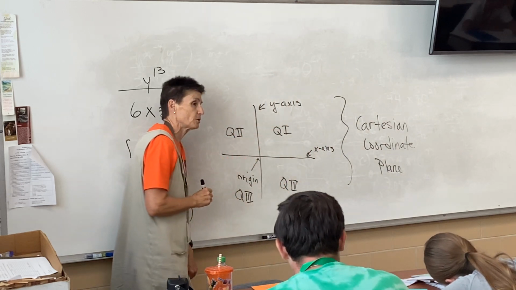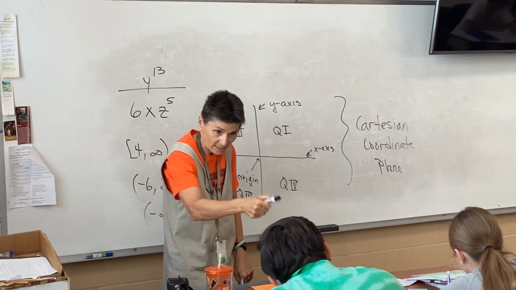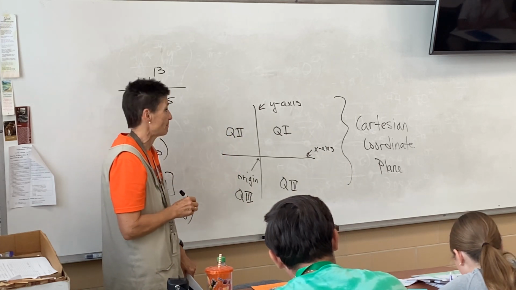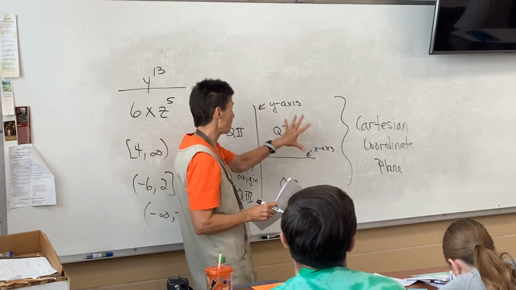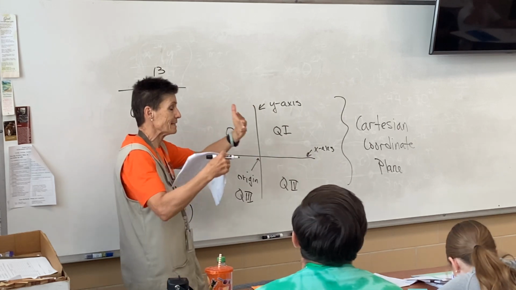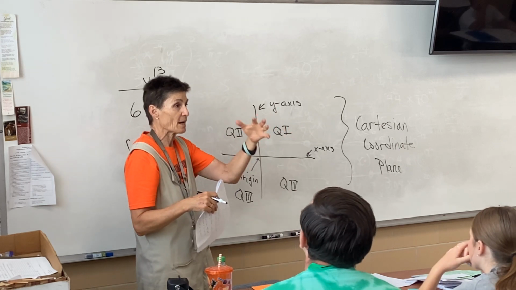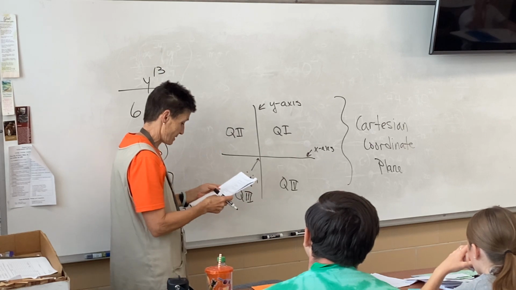The Cartesian coordinate plane. And that's where the x and y. So anytime you have x's and y's involved, you're in the Cartesian plane. He is credited with like putting all this together and kind of bringing together algebra and geometry so that we could actually draw numbers. That's what this does.